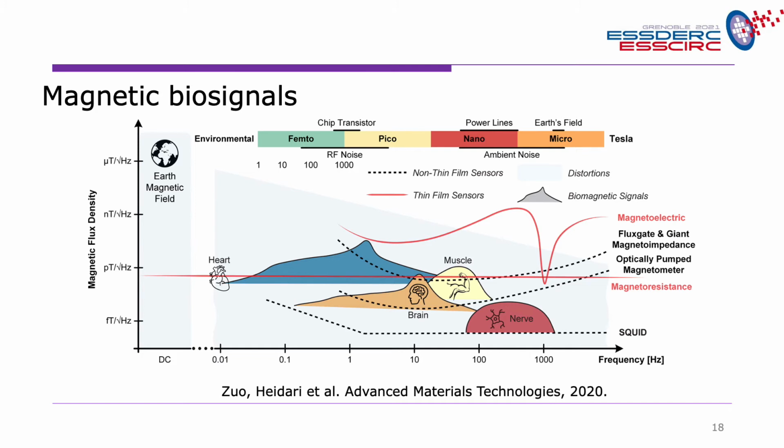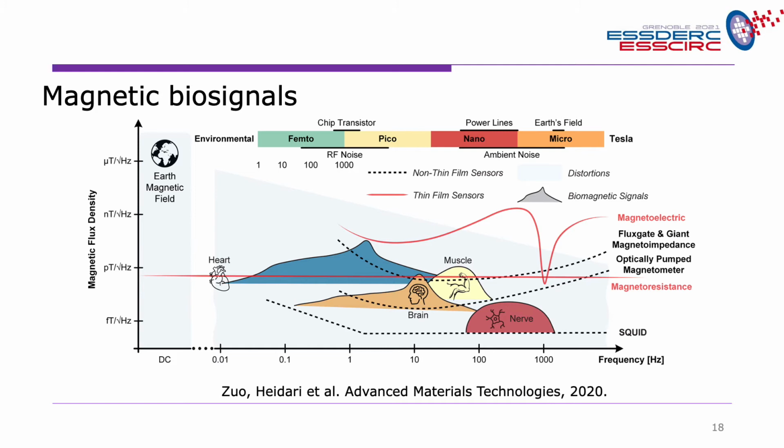So in that case, our sensors should detect only a few picotesla. Among the different types of sensors that we have used are magnetoresistance TMR sensors.